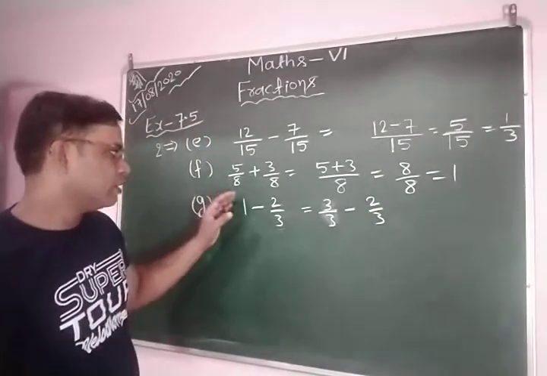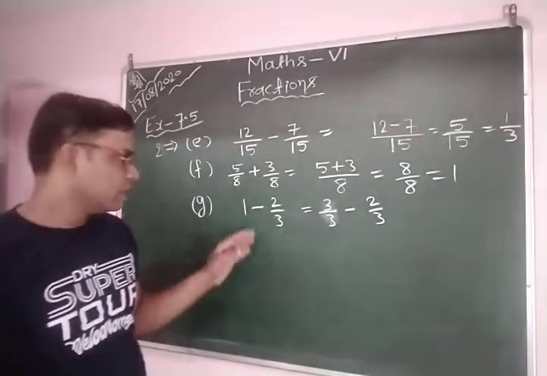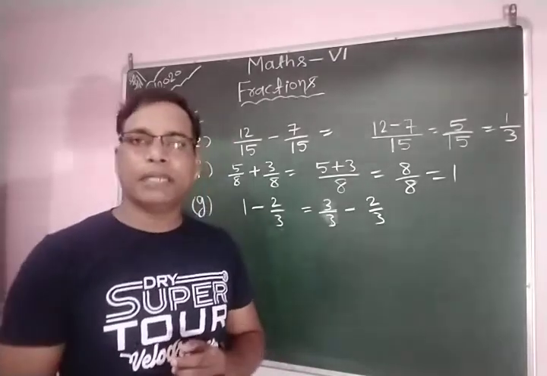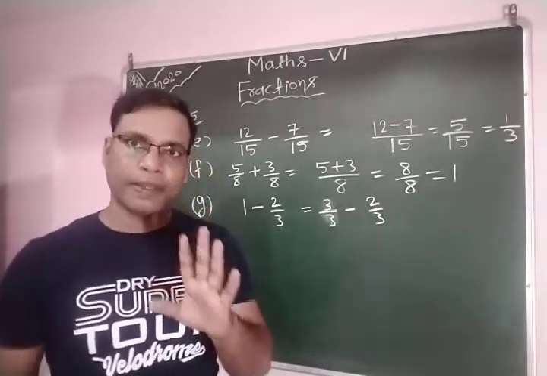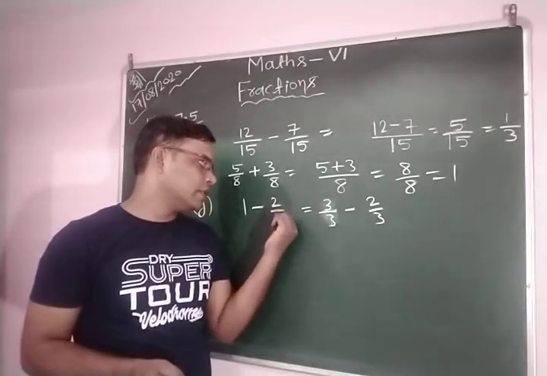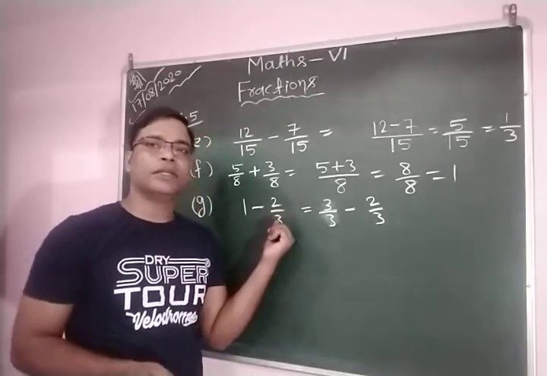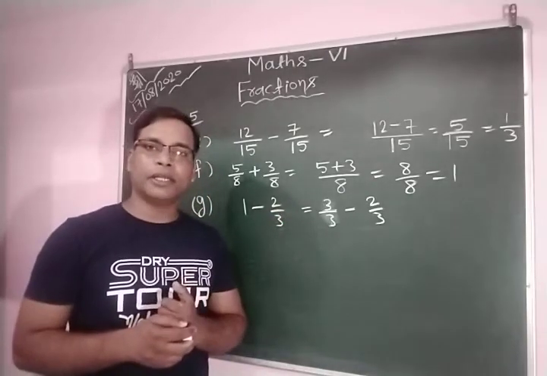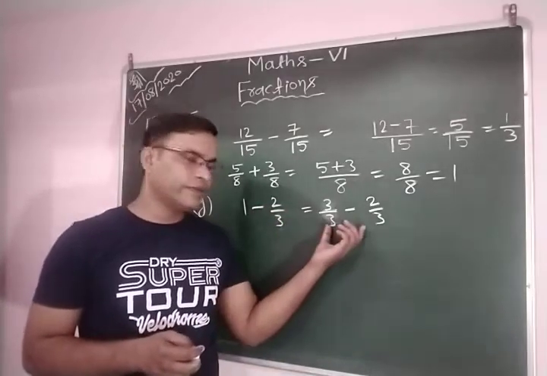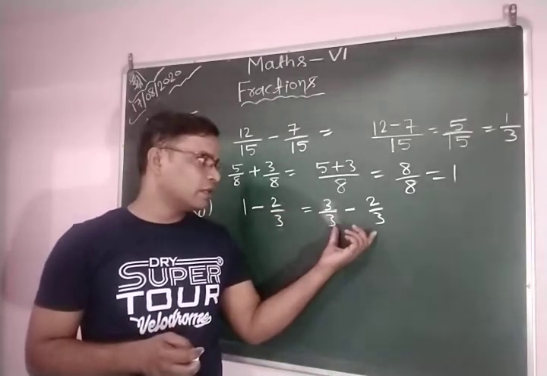Okay, 1 minus 2 by 3. You can write 1 as 3 by 3, 4 by 4, 5 by 5. This result is 1. But here we need 3, because in the fraction 2 by 3 the denominator is 3, so we write 3 by 3. This is very easy here.